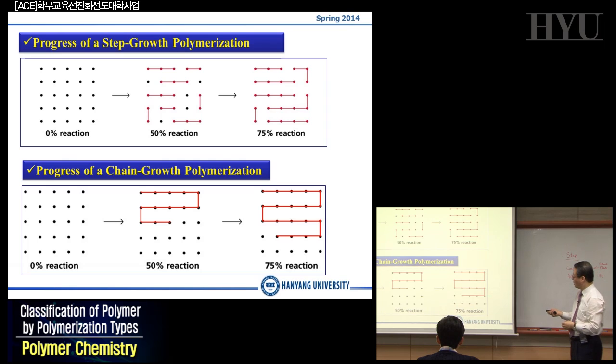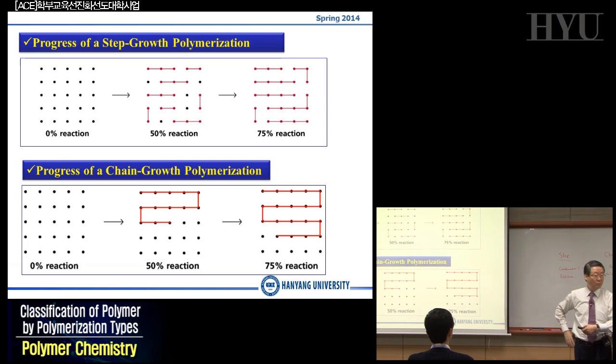In this molecule, we have about 19 degrees of polymerization. So molecular weight is pretty high at the beginning in this case, whereas in step growth molecular weight is quite low at the beginning, but of course it will become high later on. So it takes some time to increase your molecular weight, whereas here molecular weight is pretty high at the beginning. Okay? So these are the differences between the step growth and chain growth polymerization reactions.